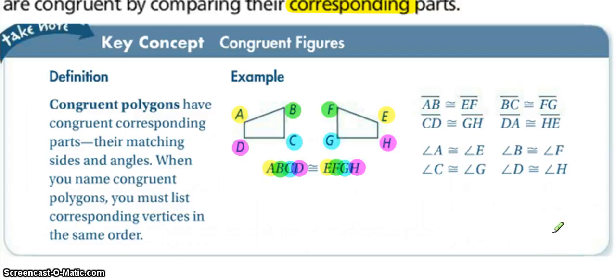And likewise, just like the order of the points or the angles is extremely important, that then tells us what sides and what angles would all be congruent. So since A and E are in the exact same locations, they are congruent to each other, same with B and F and so on. And then we can match up each set.